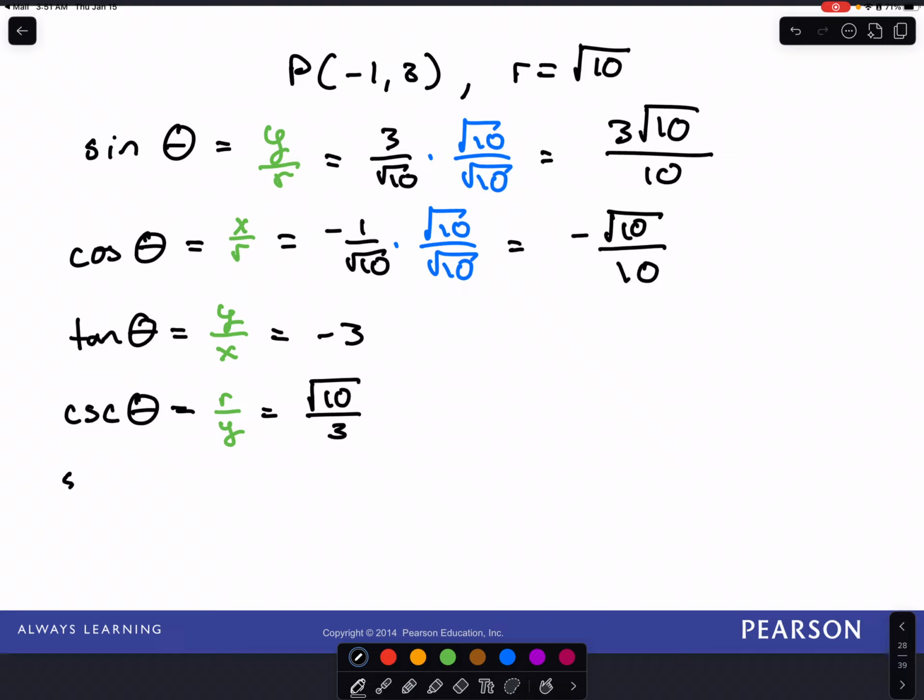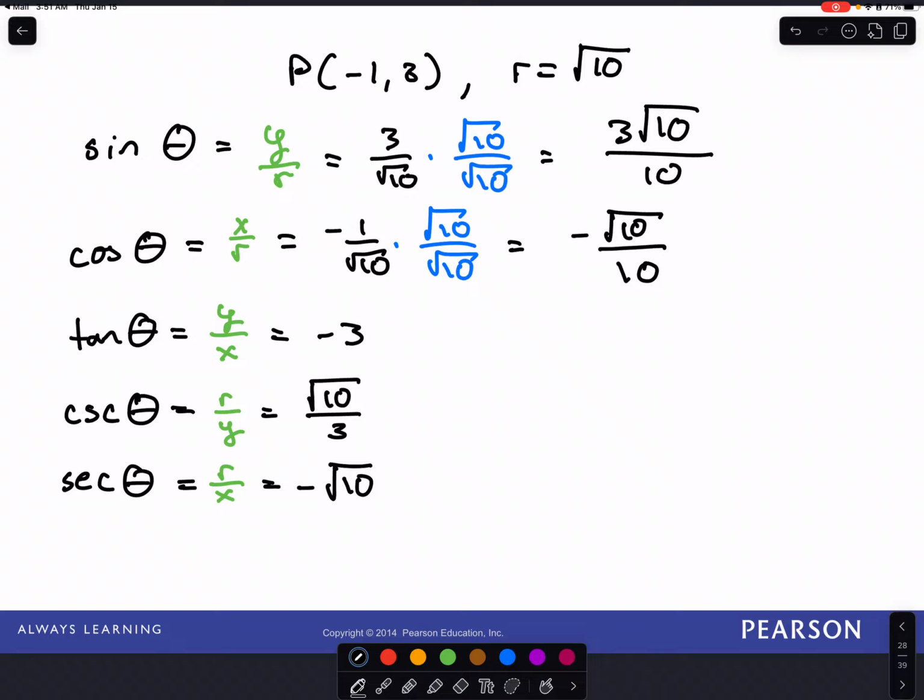Reciprocal of cosine is secant. It's going to be R over X. Looks like that one's going to be a negative square root of 10.